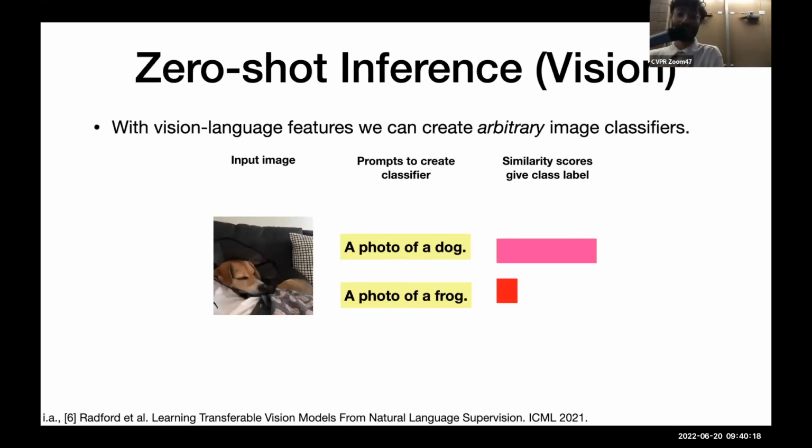The cool thing here is that now we can define arbitrary classifiers at test time. So given a caption, a photo of a dog and a photo of a frog, and the corresponding text features for these, I can now ask the question, is the dog feature close to the image dog feature? And if that is the case, then I'll classify this image as a dog. So this is how zero-shot emerges in this case.